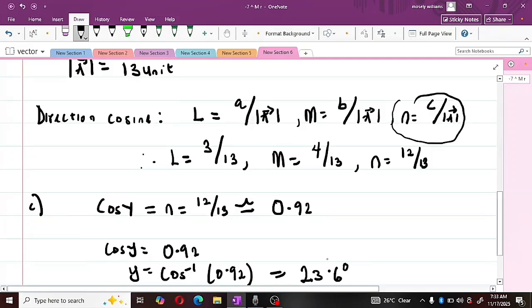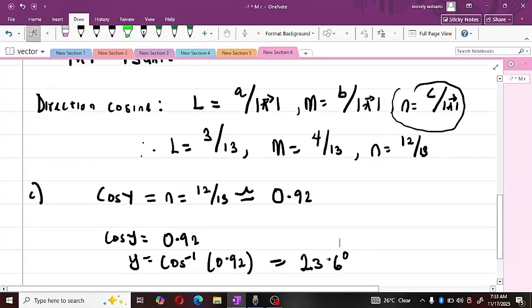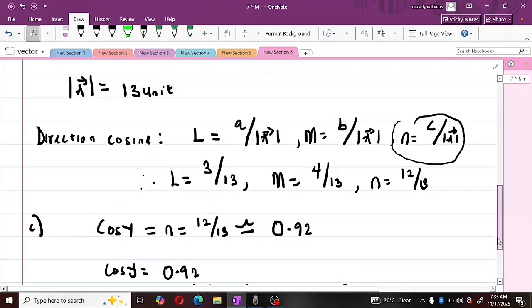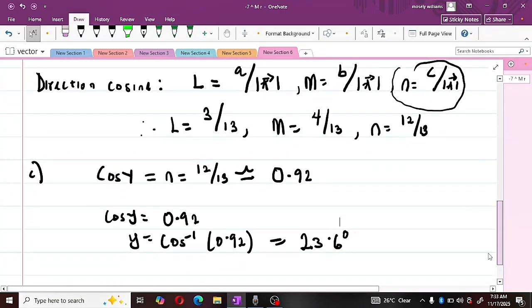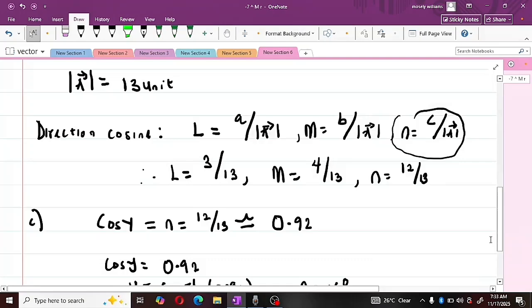So it's as simple as that. You can see that we have been able to find the magnitude of that vector, the direction cosine of the question, and the angle which the vector makes to the z-axis.